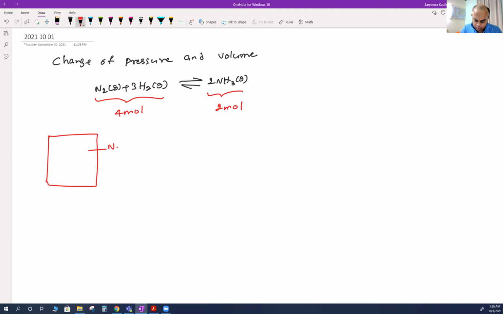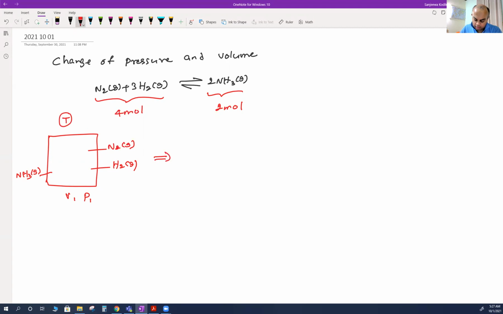At equilibrium we have N2 gas, H2 gas, and NH3 gas altogether, with volume V, pressure P1 and temperature T.